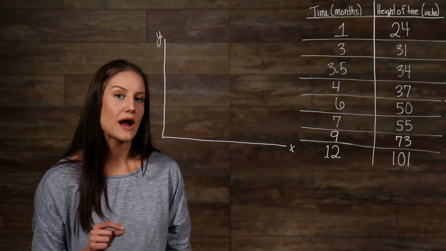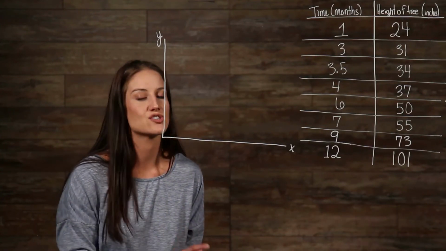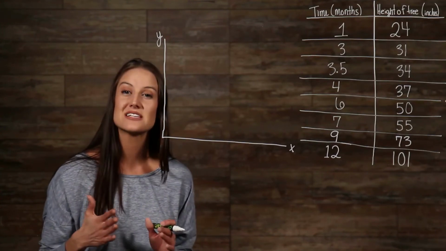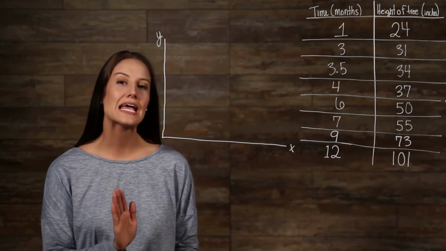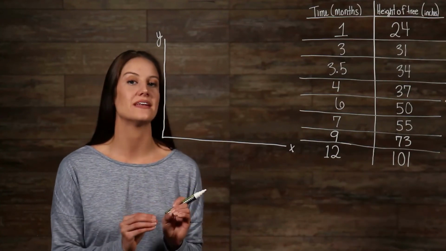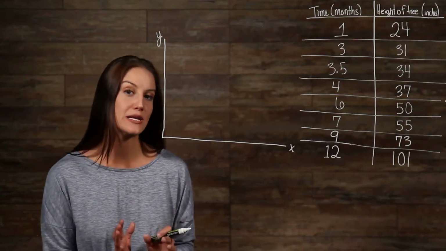Oftentimes, when working with graphs, the data you are given is dealing with the rate at which something changes over time. Well, this makes it easier for you to identify your dependent and independent variables, because time is always independent. You can't do anything to affect time. You are constrained by it.